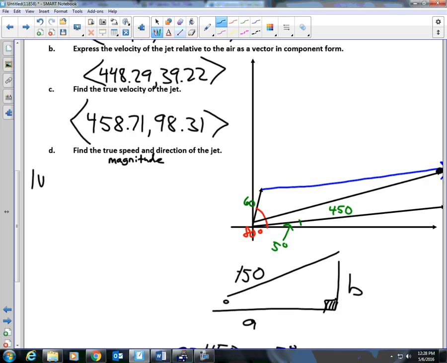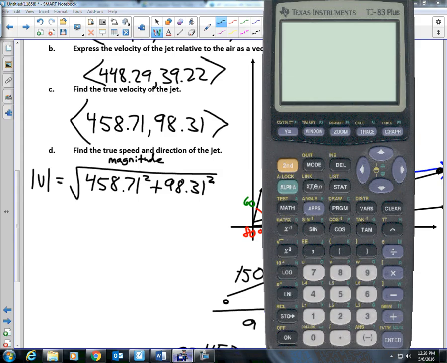So the magnitude of the vector is the square root of 458.71 squared plus 98.31 squared. Got 469.13.